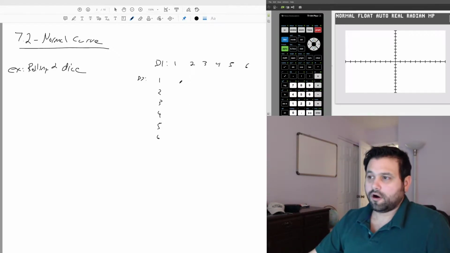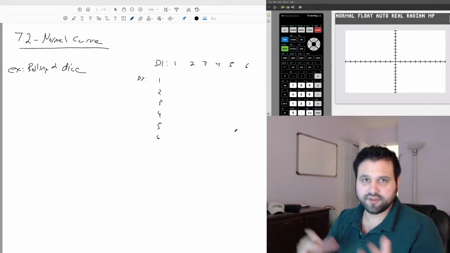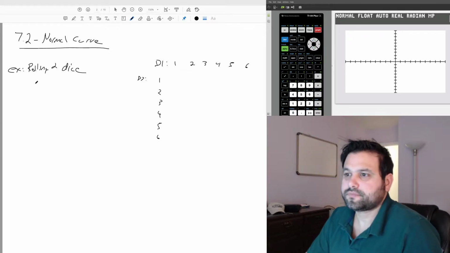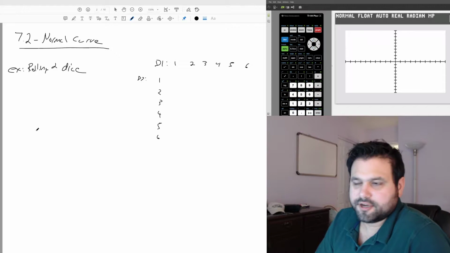And so all of these individual pairs in the middle we could fill out, right? We've done this before. That would be all of the possible outcomes.